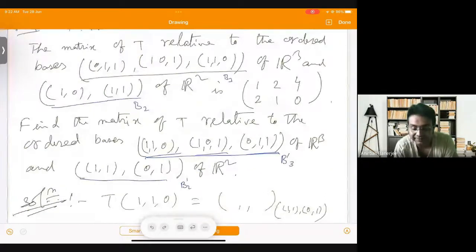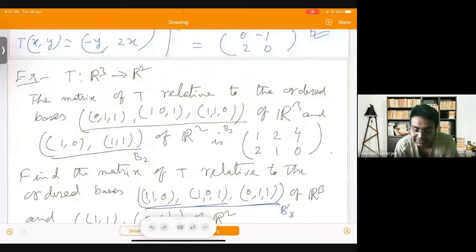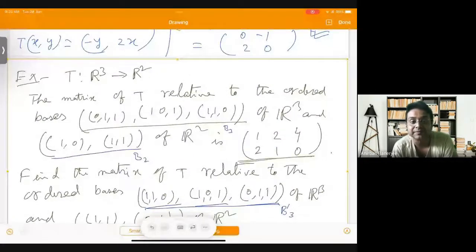That can be done. We know that this matrix is given for the linear transformation. What is this matrix? If you remember, we are expressing the linear transformation from the left side, with respect to the coordinate system B3, to the right side, with respect to the coordinate system B2.